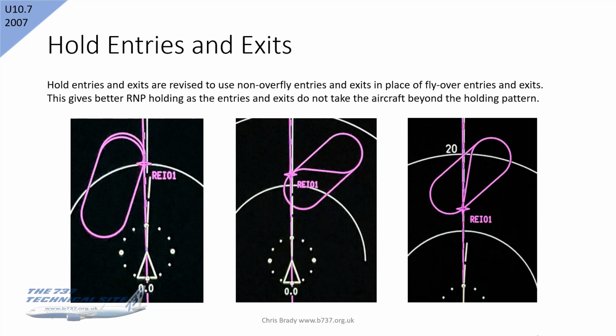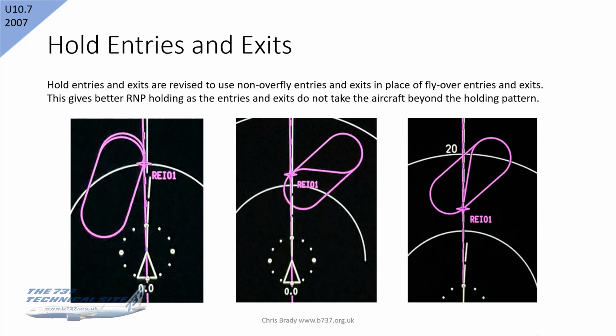What was done was that they were all revised to use non-overfly entries and exits in place of what had been flyover entries and exits. If you do a non-overfly entry and exit, you can stay within the protected area of the holding pattern. So it gives you better RNP holding, as the entries and exits don't take you beyond the holding pattern.